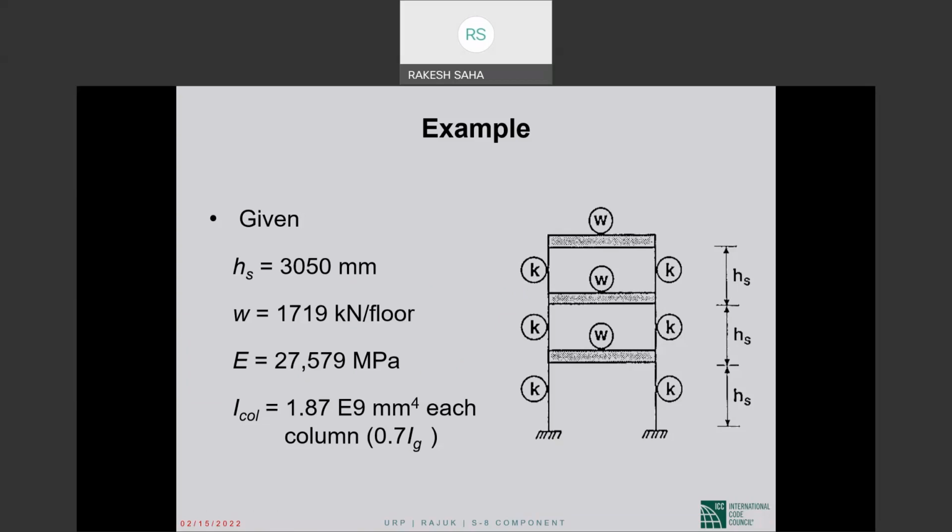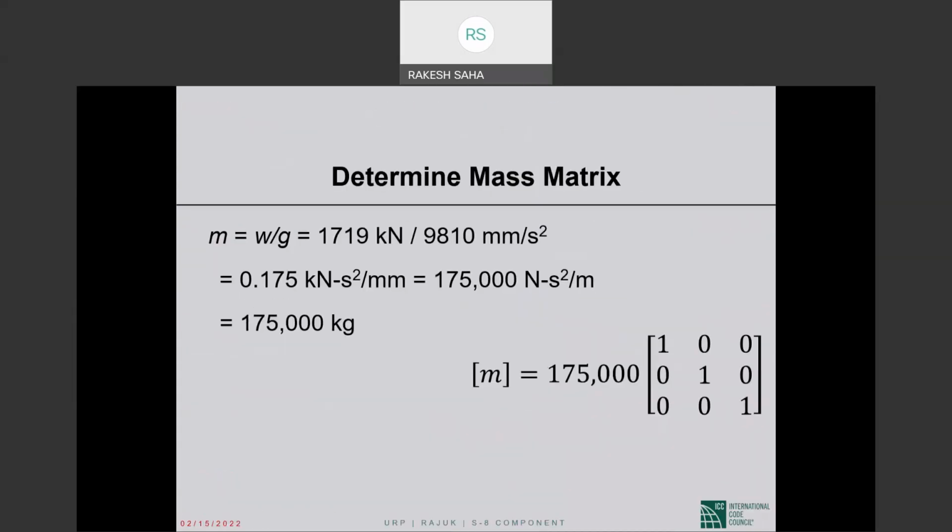So h sub s, W, E, and I column. The mass is weight divided by the acceleration due to gravity. Weight is given as 1719 kilonewton. The g is 9810 millimeter per second squared. Anyway, mass comes out to 175,000 kilograms.